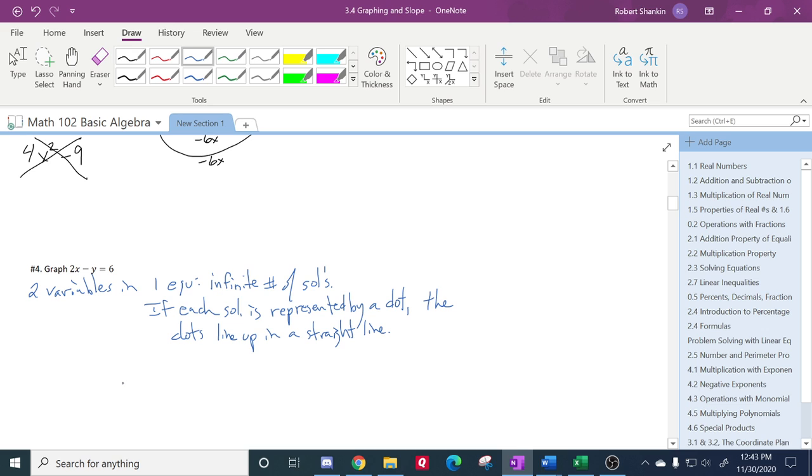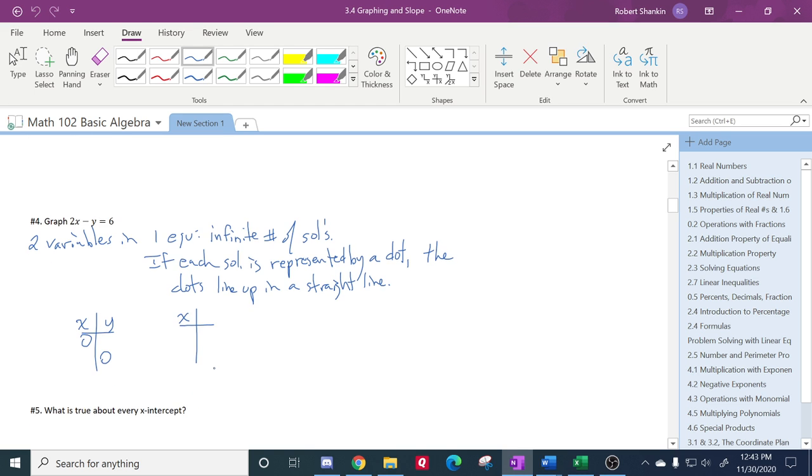And then we looked at some quick ways to get to the graphing. One such way is the intercepts method. Another way would be just to pick a couple random points.